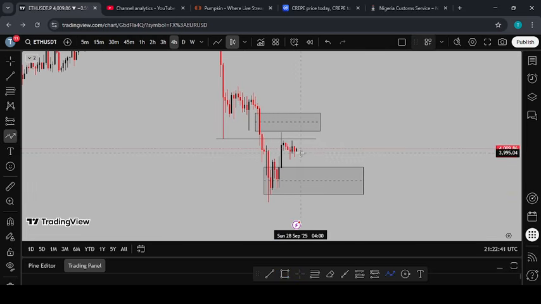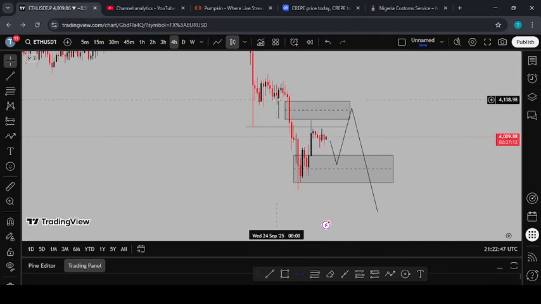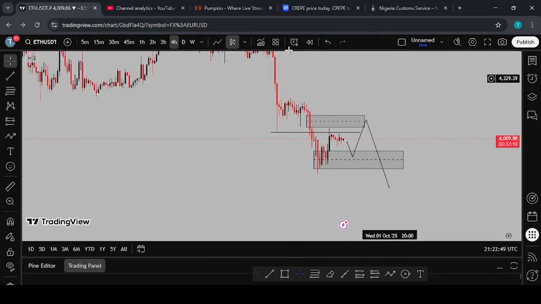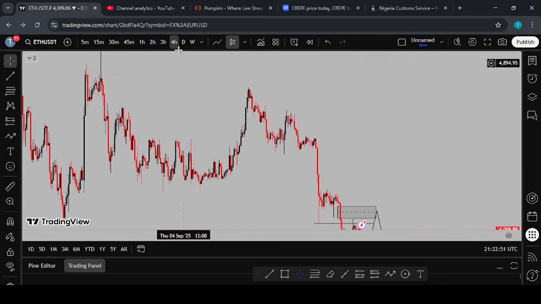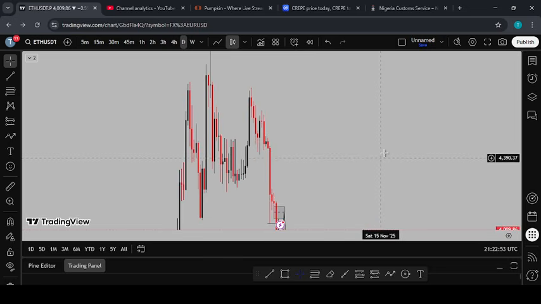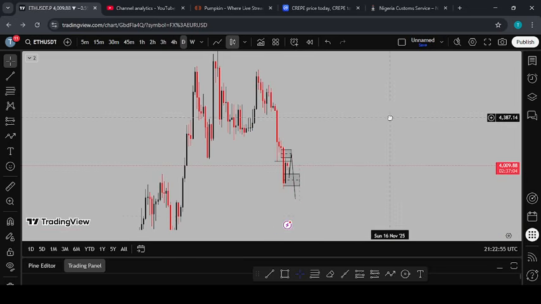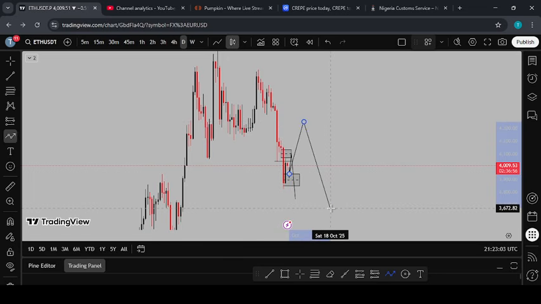Can we have something like this, or something like this? We just watch the reactions, right? Just study the reactions and know what the market is doing. If there's going to be a good pullback, I would see one here. Of course, this level of imbalance is also a point of interest to take note of.